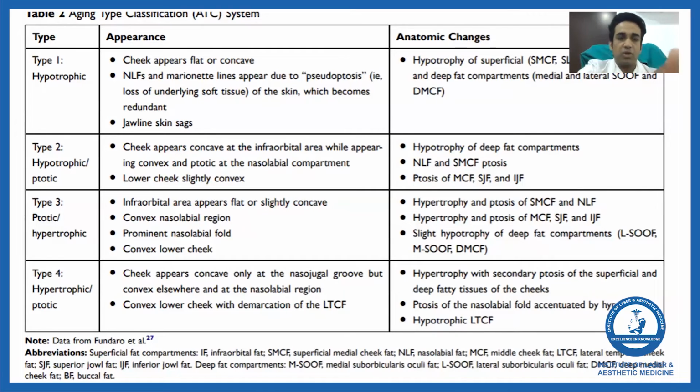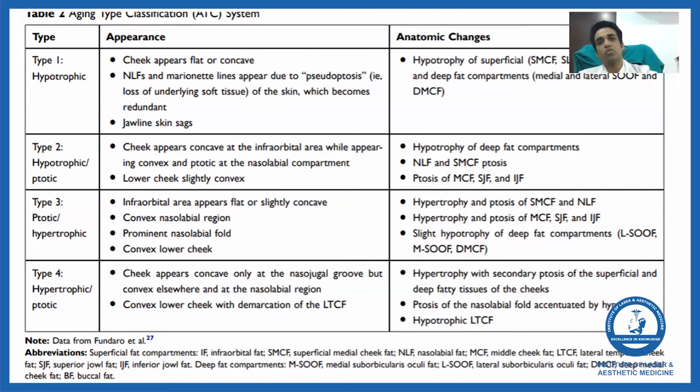Say if there is a type 3 or type 2, would you like to club it up with other things? Yes, you would like to do some botox, you would like to do some fillers where there is loss of volume, so much fat is getting lost, you might want to add on some volume. Where some thread lifting is required, you do some thread lifting. Where there are some crow's feet, you would like to do botox. So for type 2 and type 3 you can have an intersection of a lot of things.